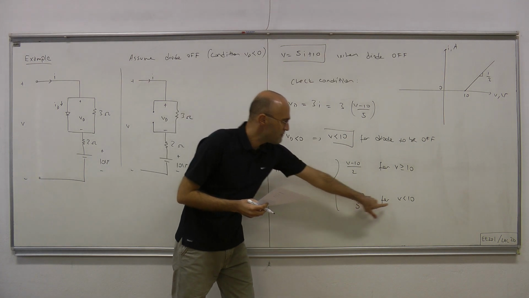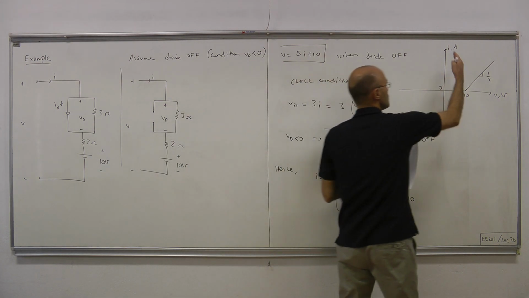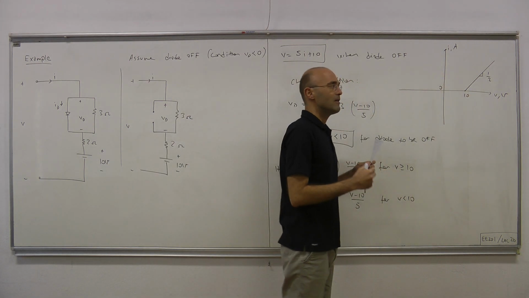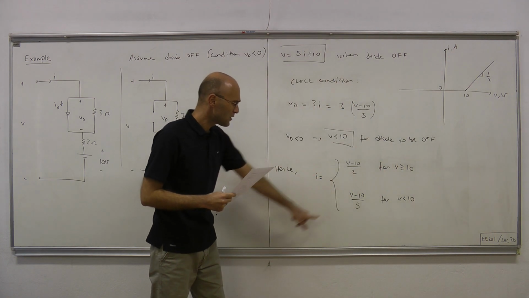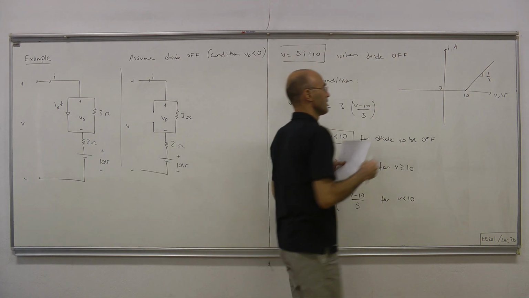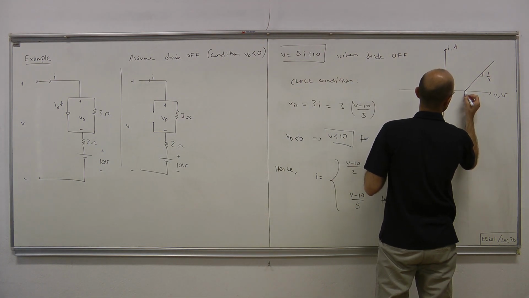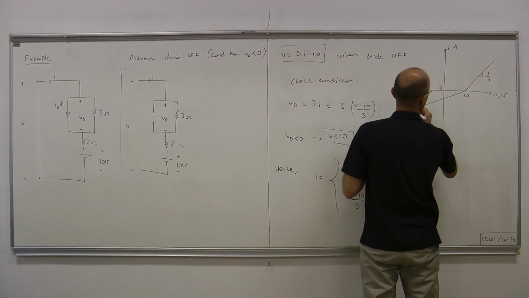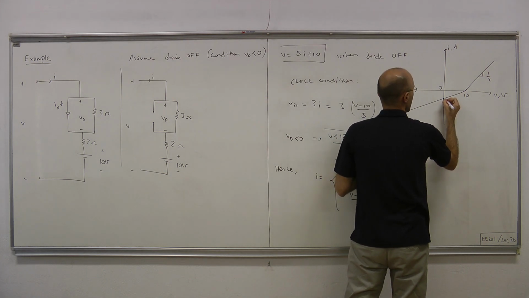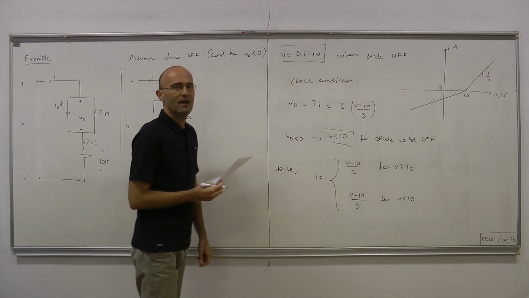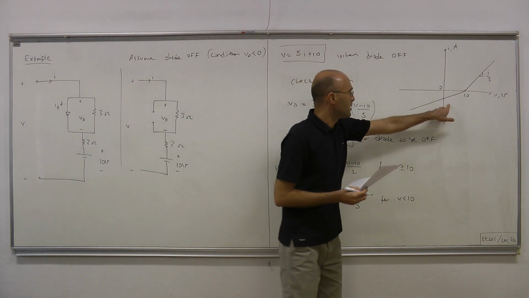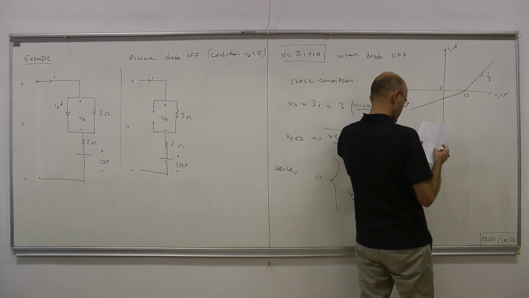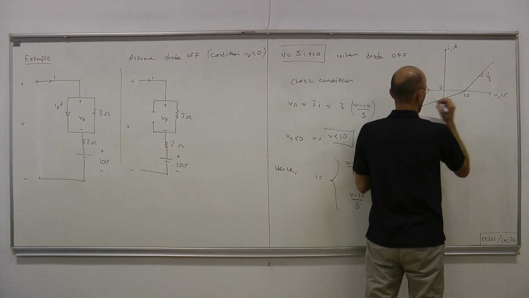And when V is less than 10, that is to the left of that vertical line that passes through V equals 10 volts, the slope is 1/5. Okay. Therefore it should be less steep. And the slope being 1/5, it means that this point here is minus 2 amps. Okay.